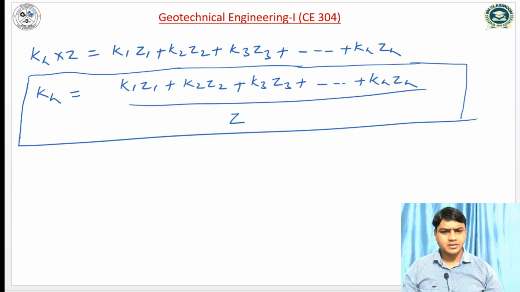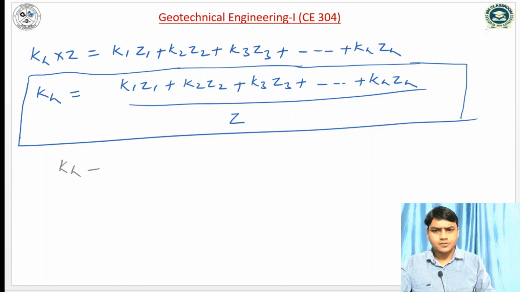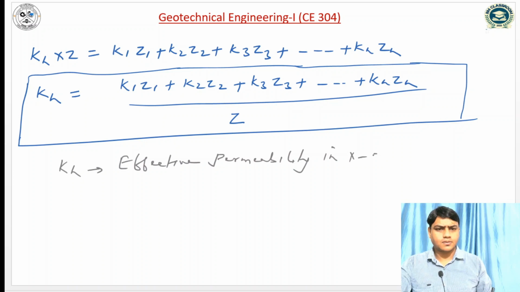Here Kh is the effective permeability in X direction or horizontal direction.